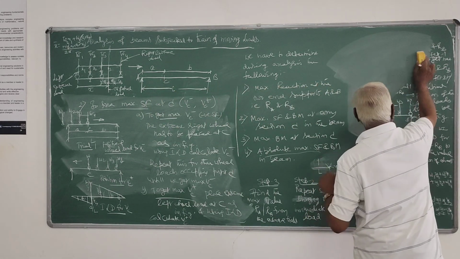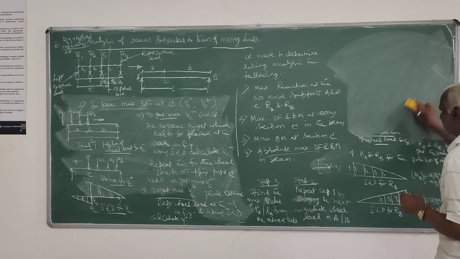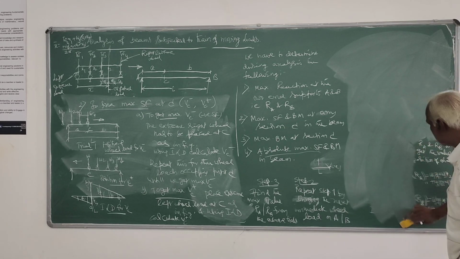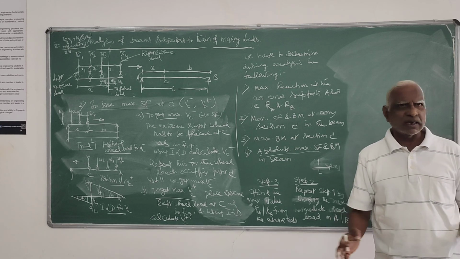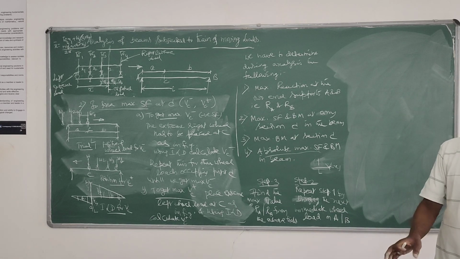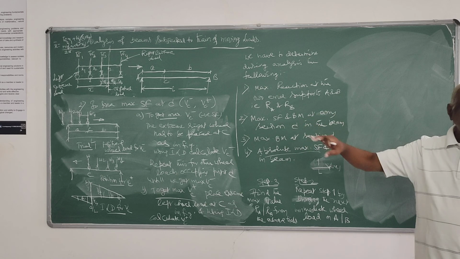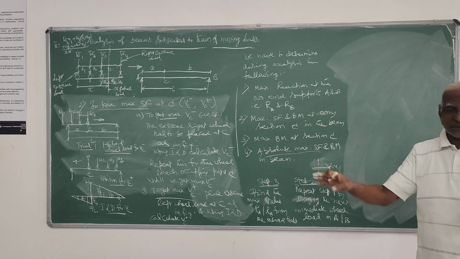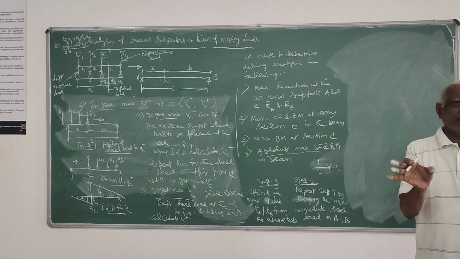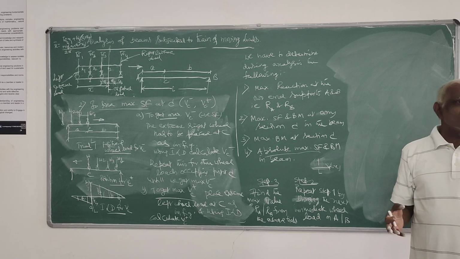So here, a slight change is there. As you have seen in UDL also, the criterion is that the average load on the left side and the average load on the right side should be equal. Or in other words, the section should divide the load in the same ratio as it divides the span.